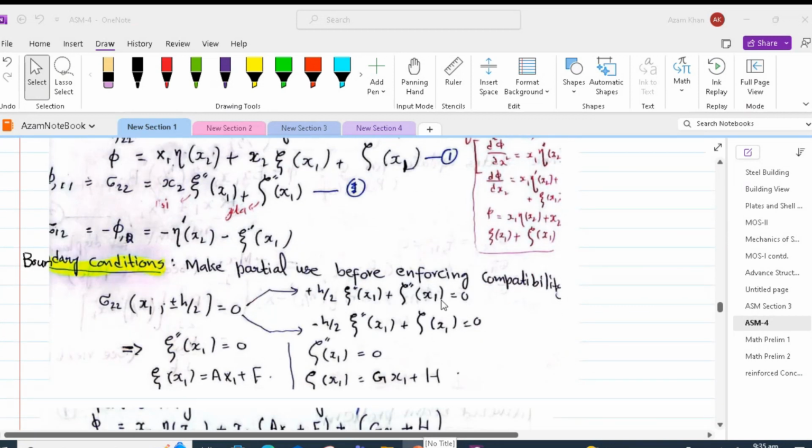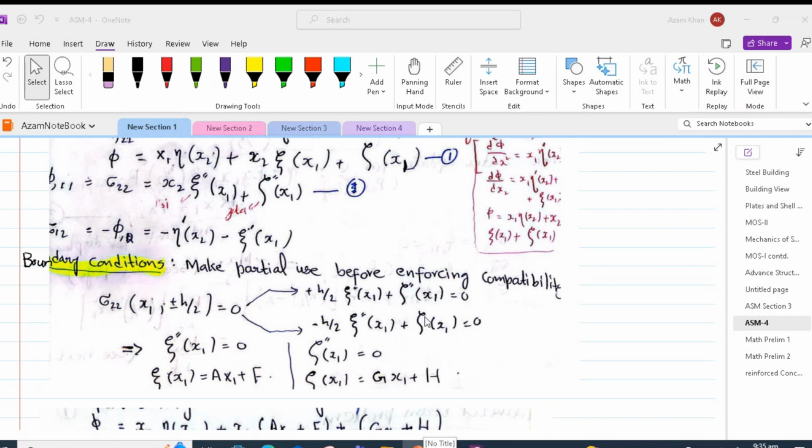So this tells us that for positive it's 0 and for negative it is 0, which means psi double prime x1 is equal to 0, and zeta double prime x1 is also equal to 0.